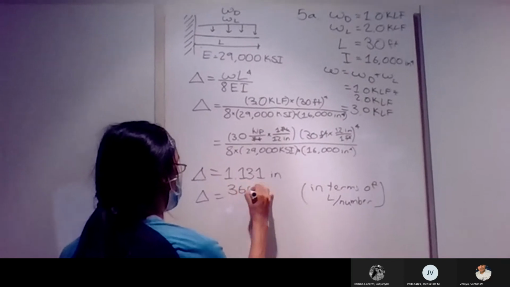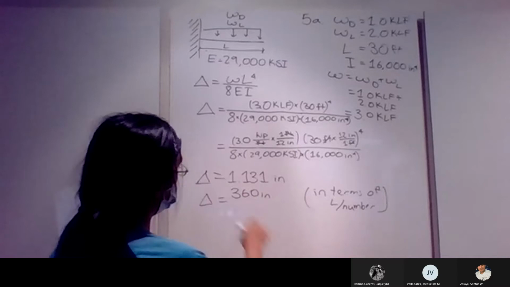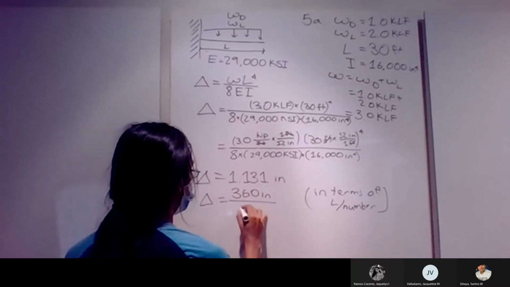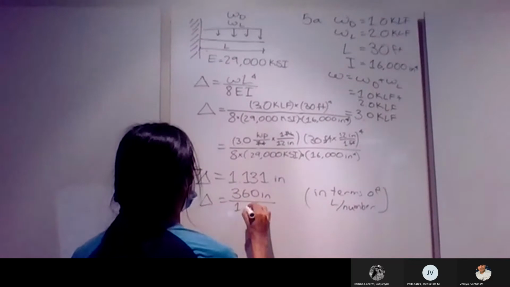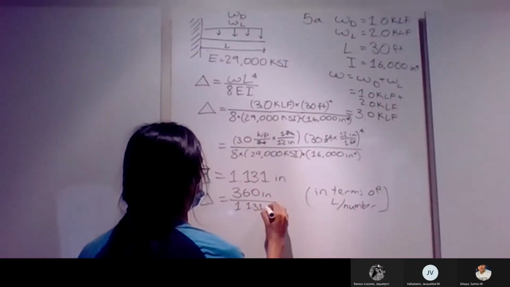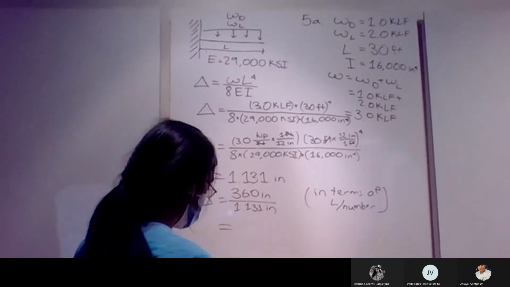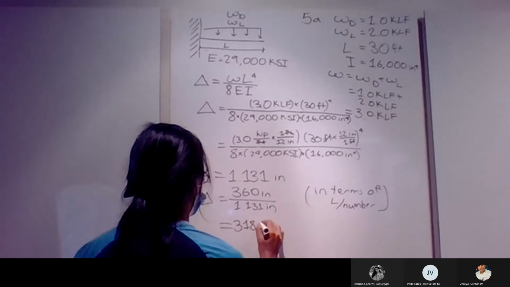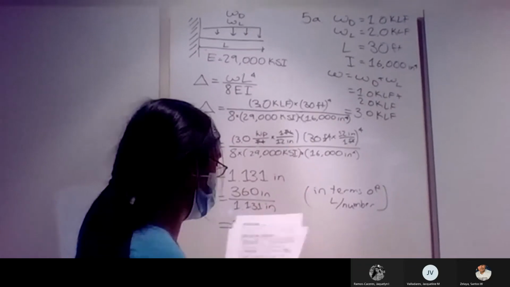So 360 inches over the number, which I assume is the deflection amount, 1.131 inches. And we're going to get 318.24, or just 318.